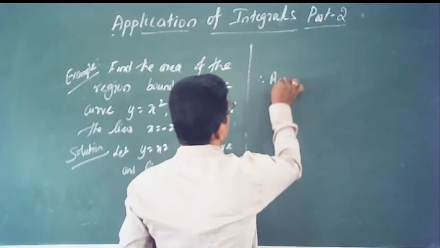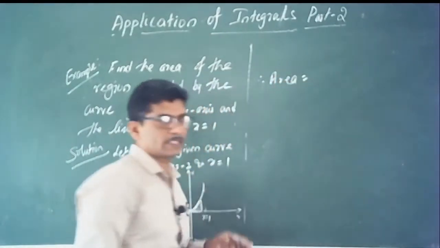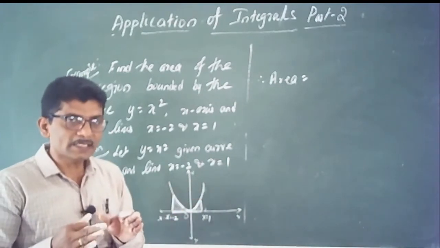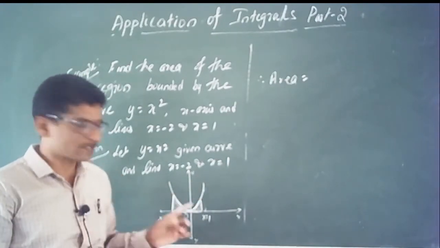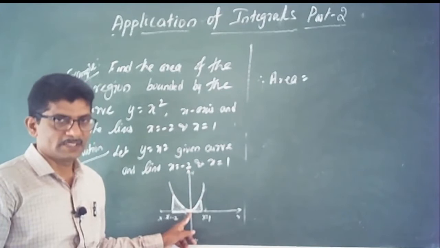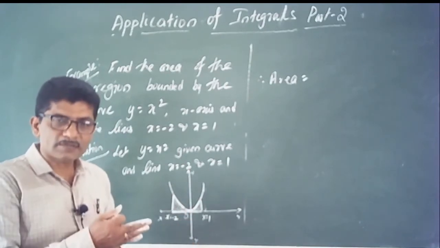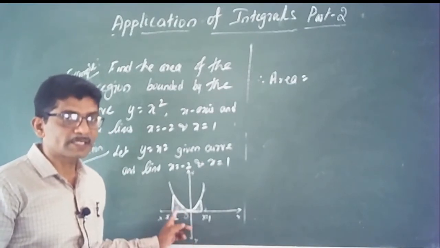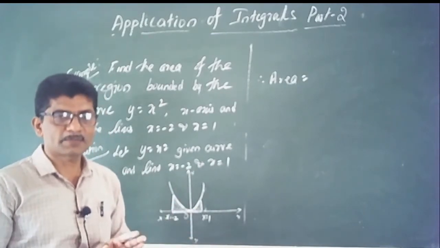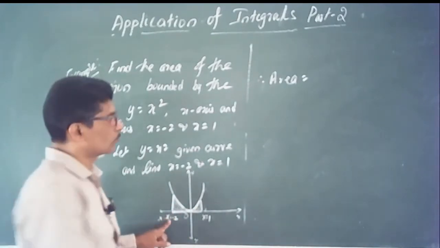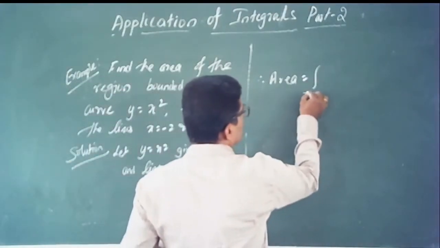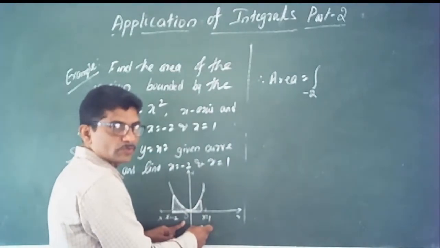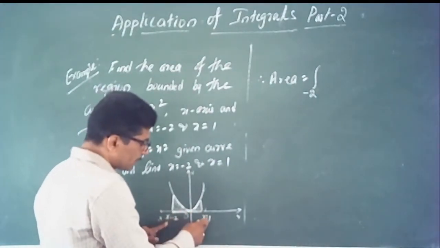The required area is equal to the area bounded by the curve. This curve does not intersect the x-axis, it just touches the x-axis. Both curve areas are above the x-axis, so it is not necessary to split the curve. You can directly write it. You can take the integral from -2 to 0 plus 0 to 1 also, but you can write it directly.